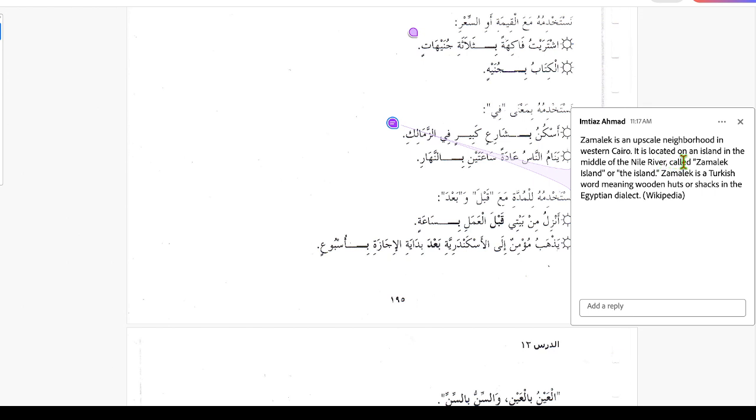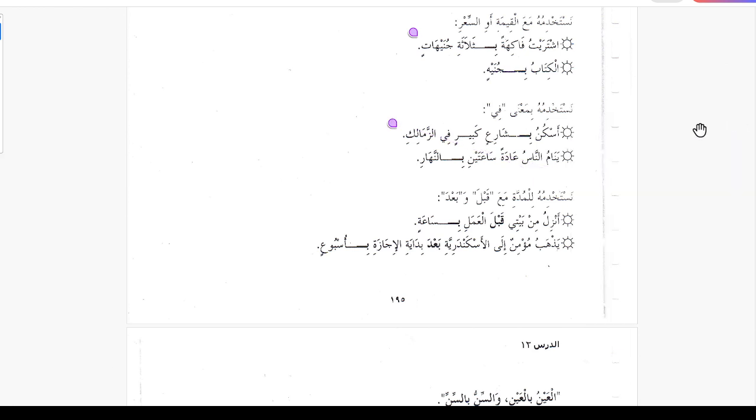It is located on an island in the middle of the Nile River called Zamalek Island. Zamalek is a Turkish word meaning wooden huts or shacks in the Egyptian dialect. So it's from Wikipedia. So the thing is, we're using ba, but in the meaning of fi: I live in a big street in Zamalek.